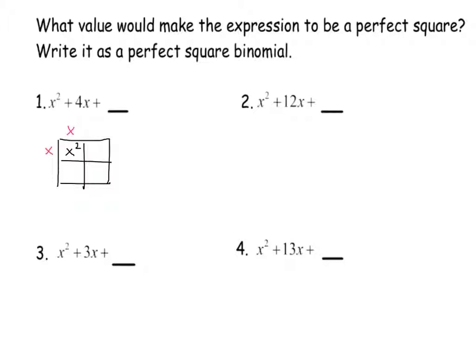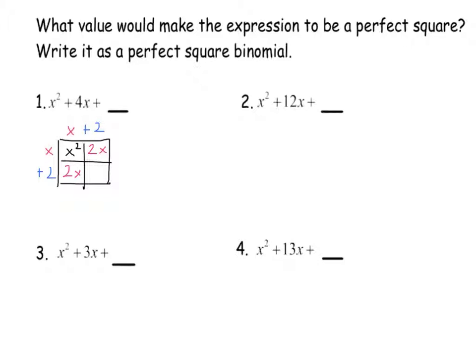And if I split my 4x into two equal halves, I will have 2x and 2x. So that will give me a side length of 2 and 2.